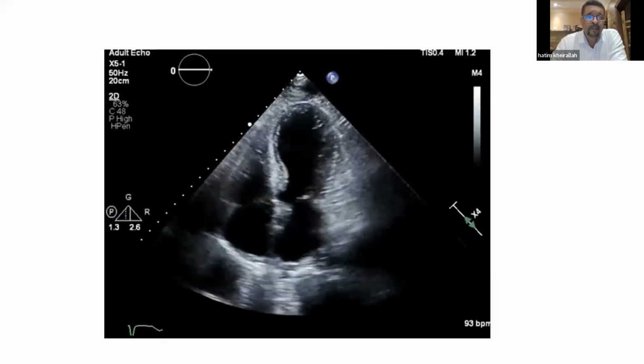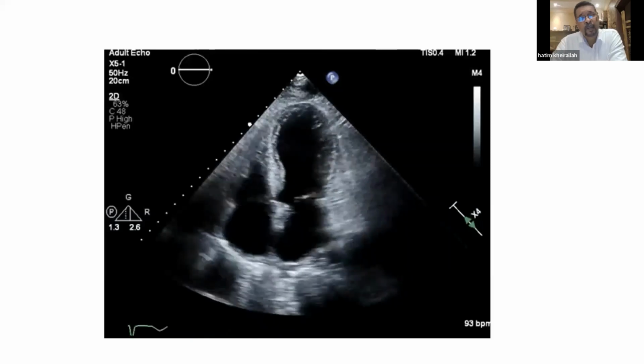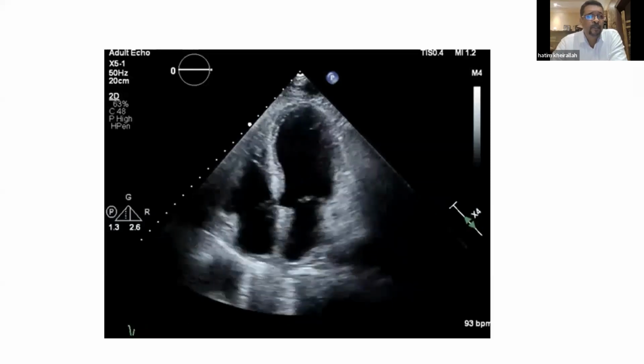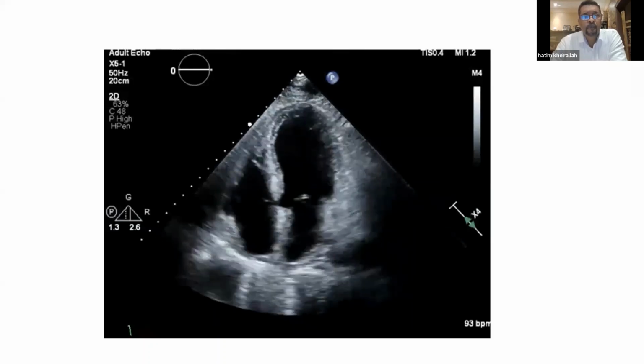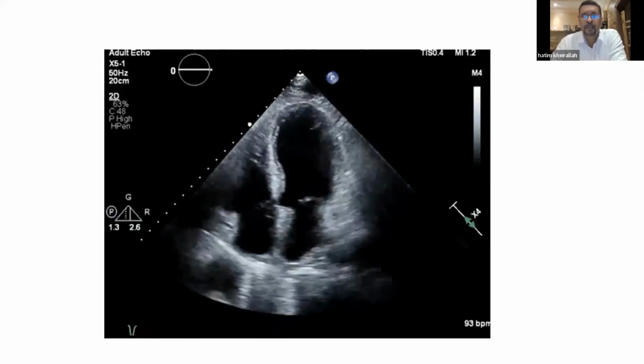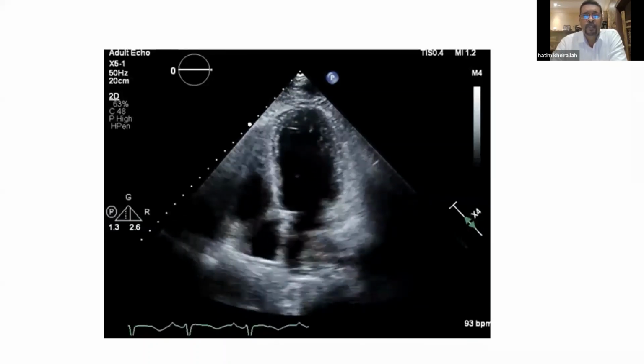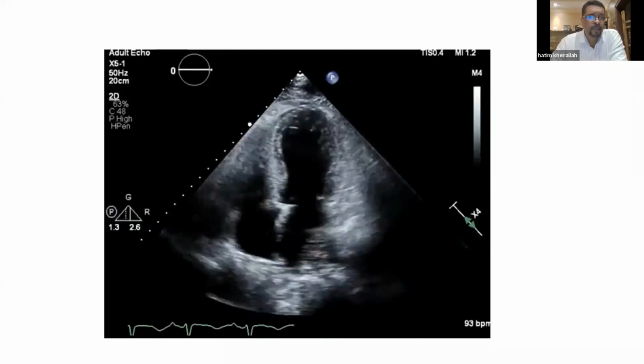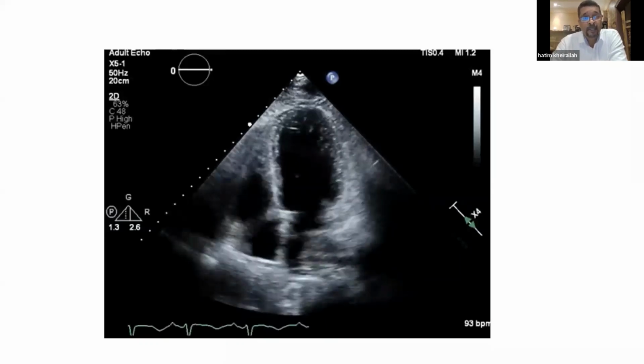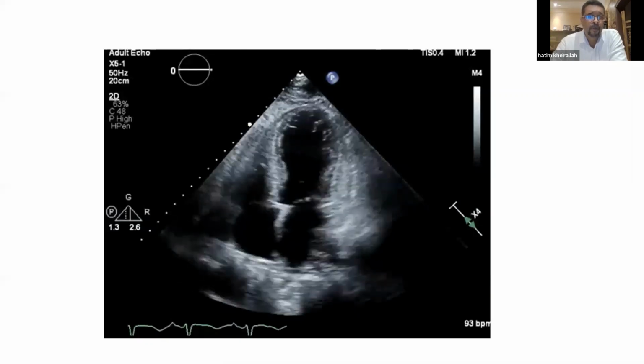Okay. Although there are some echo features we are going to discuss in depth later on, the echo features that are so suggestive of Takotsubo, there are MRI features, ECG features, troponin, clinical data, all of which might suggest so much and strongly point to the diagnosis of Takotsubo rather than myocardial infarction. But still, the recommendation is to go for coronary angiogram, okay?